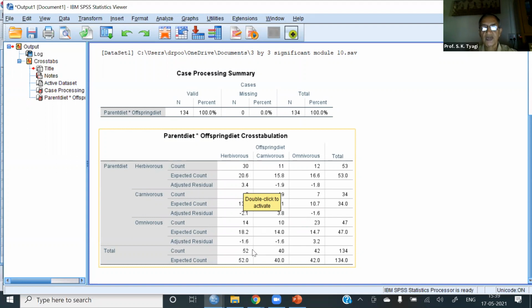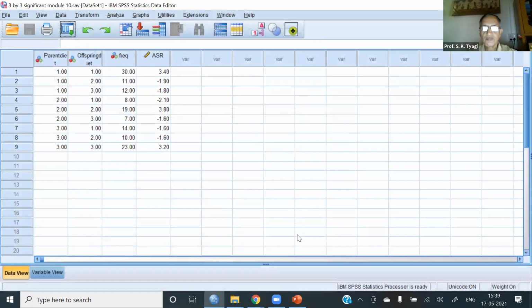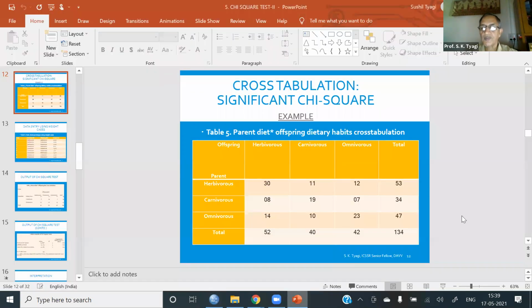Not significant, not significant, not significant. Significant at the 0.01 level. So this is one way of presentation. Let me come to the presentation.